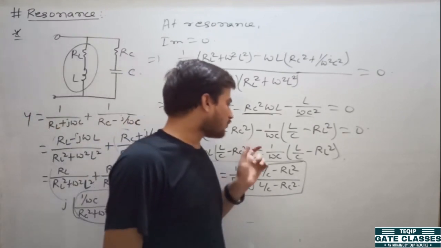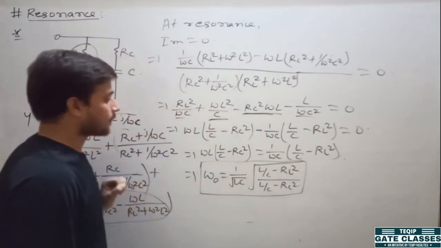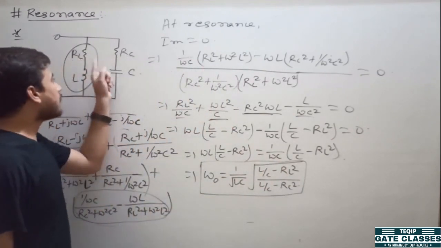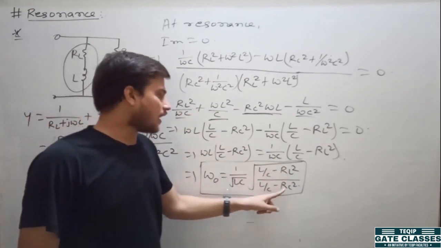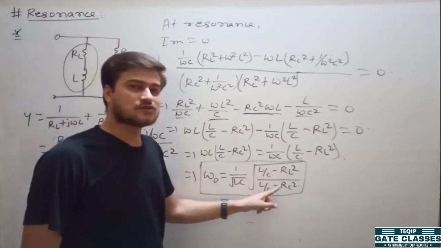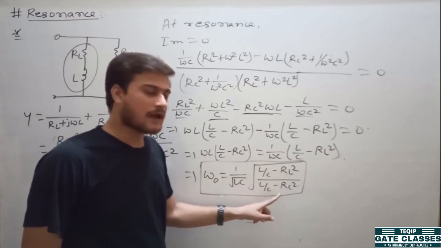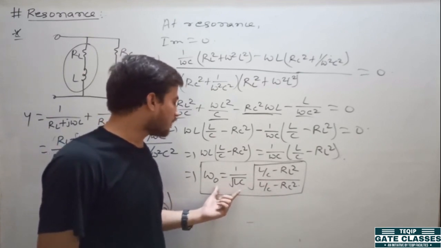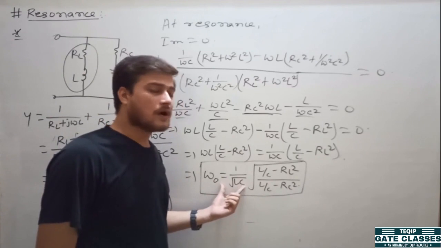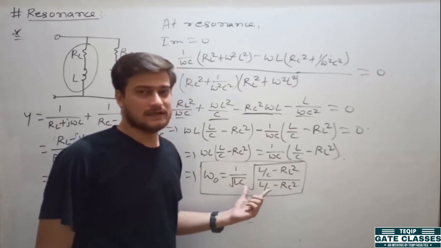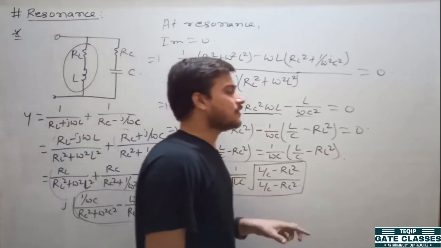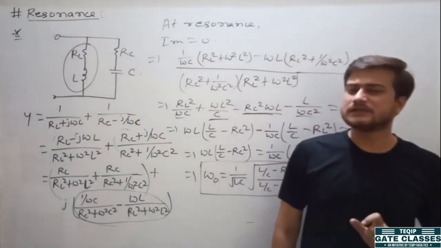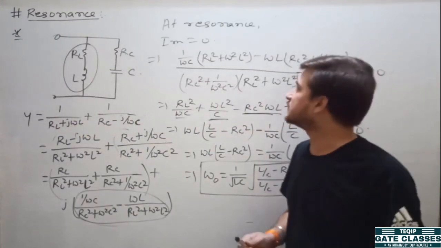Clear? Now you see one more thing. If R_L and R_C are equal, then these two terms will be cancelled out, and at that time your resonant frequency will be equal to 1 upon under root LC. Clear? That means the resonant frequency will be similar to that of the series RLC or parallel RLC circuit.